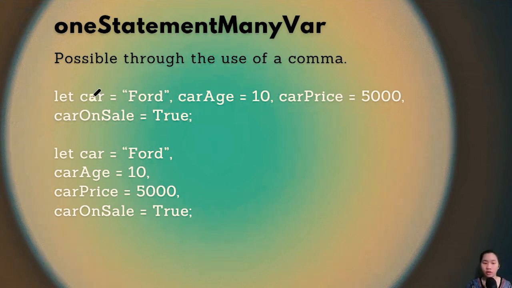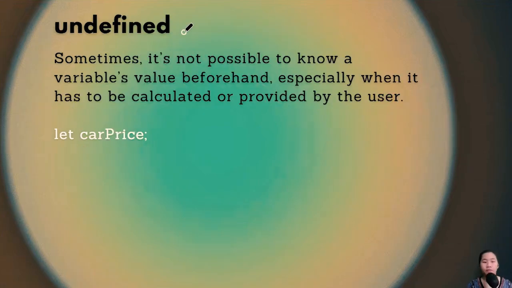So we have car age, car price, car on sale, and these are all on one line separated by a comma, and end, remember, end by a semicolon. And it doesn't have to be on one line. You can just simply put them on each new line as long as you remember the comma and to end with a semicolon.